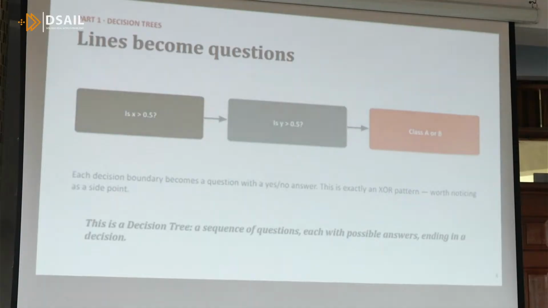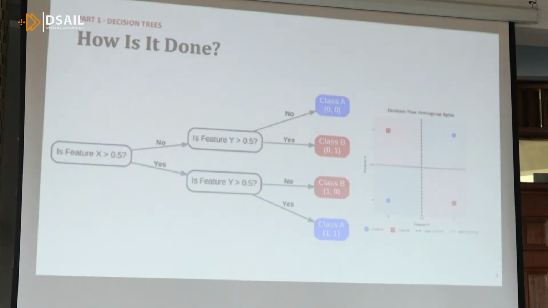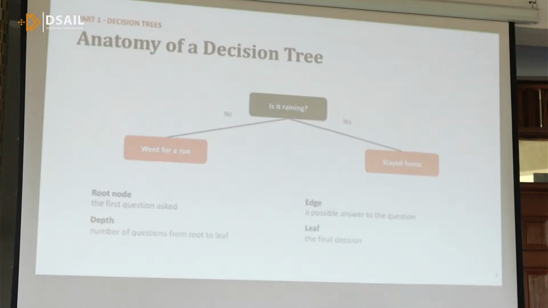So for example, in our case here, what is our root node in the example that we've worked out? Yes, be loud, be bold. Yes, is feature x greater than 0.5? That's our root node.